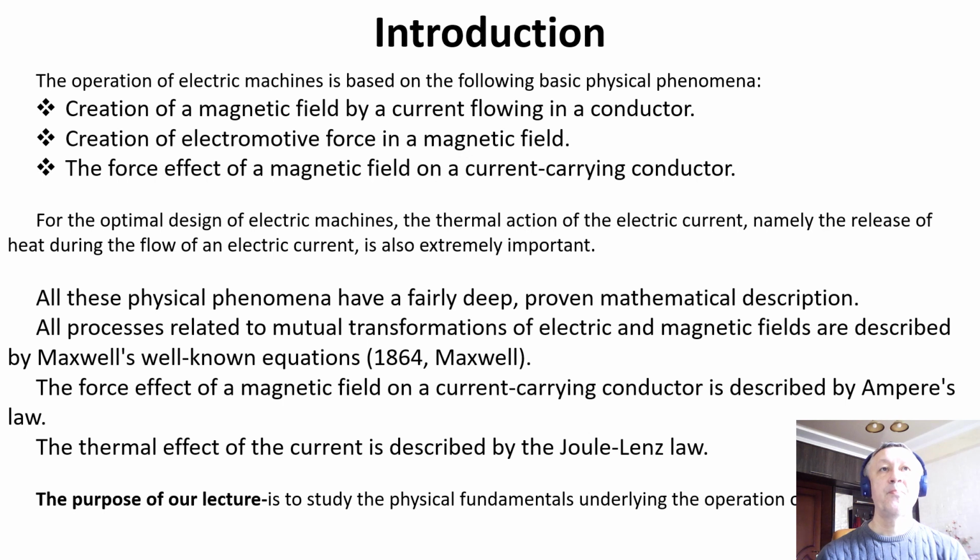And last, the force effect of a magnetic field on a current carrying conductor. For the optimal design of electrical machines, the thermal action of the electric current, namely the release of heat during the flow of an electric current, is also extremely important.